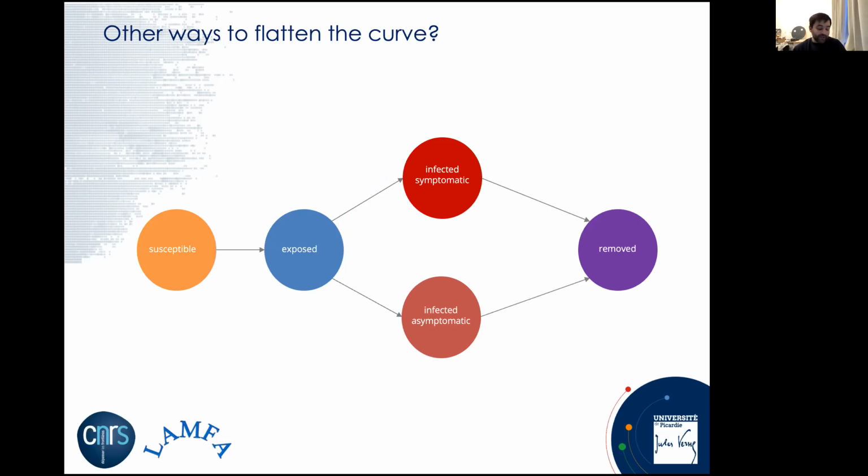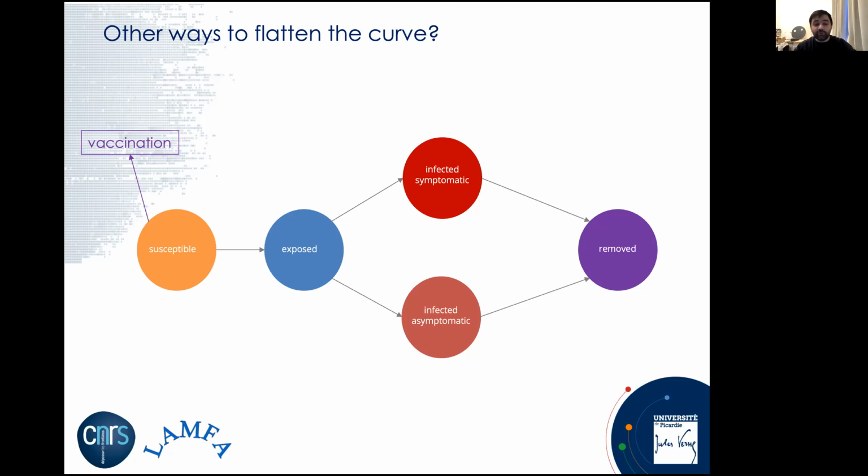So one question we had with the hospital. I'm sorry, I cannot give you too much detail about that because it's work. So let me just give other ways to flatten the curve. I just added this yesterday because we have a lot of information about vaccination.